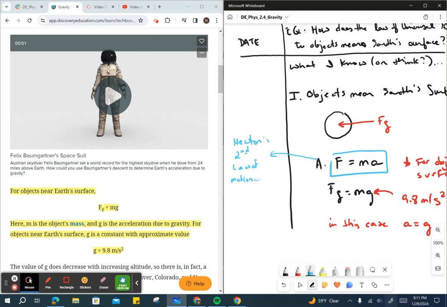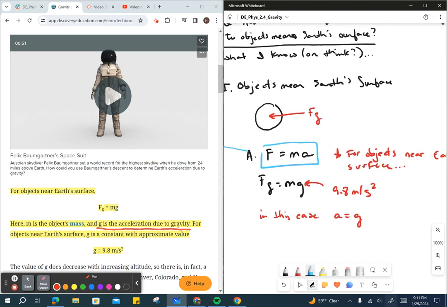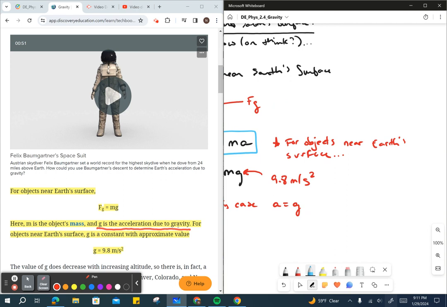Here, m is the object's mass, g is acceleration due to gravity. So I guess that's g is the acceleration due to gravity. Okay, so maybe we can write that down here. g equals the acceleration due to gravity.